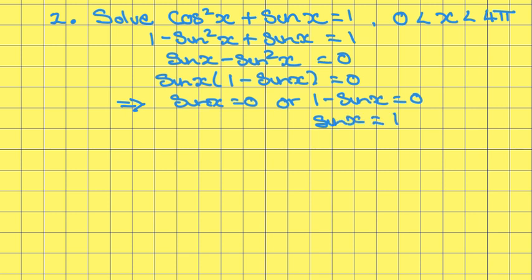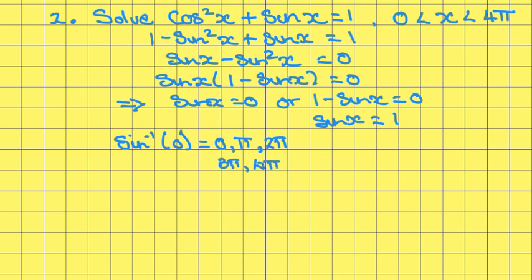If I solve those individually, I'm going to get sin to the minus 1 of 0, which is equal to 0, pi, and 2 pi. If I go around again, I'm also going to get 3 pi and 4 pi.